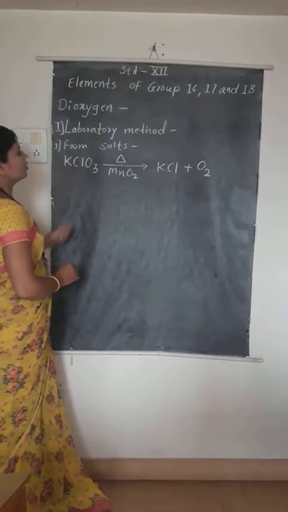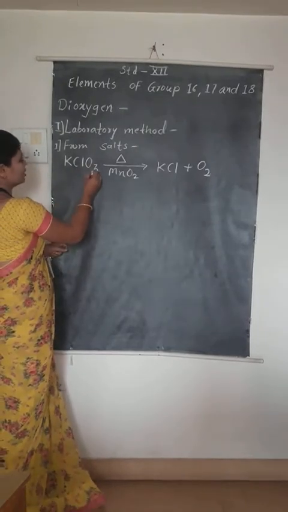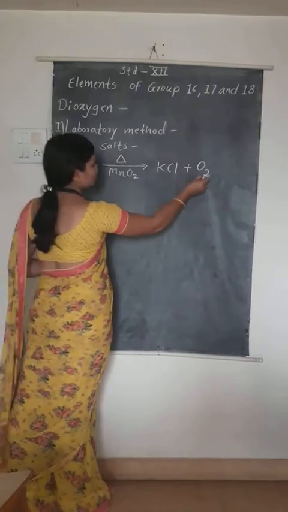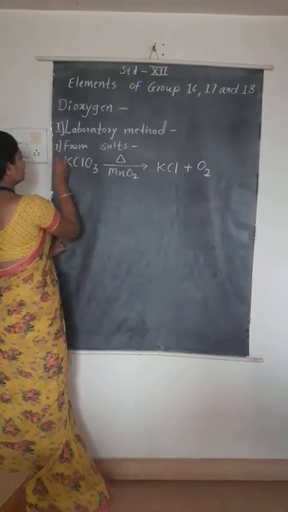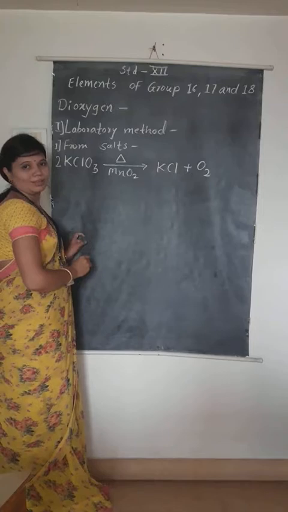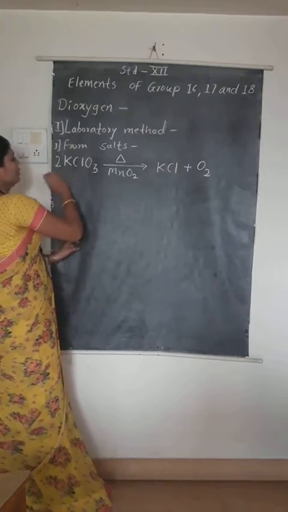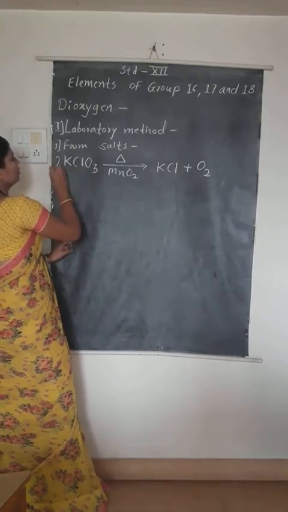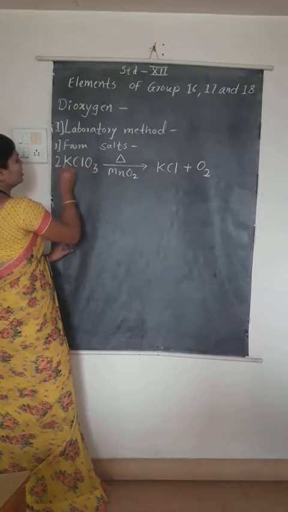In potassium chlorate, KClO3, the number of oxygen atoms is 3, here only 2. So to balance the oxygen atoms, take the coefficient of potassium chlorate as 2. Now the number of oxygen atoms is 3 into 2, 6.